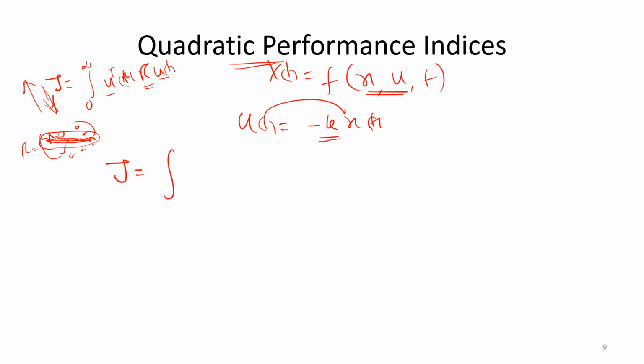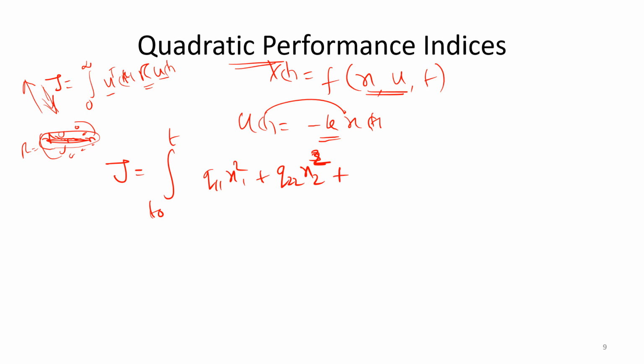Because the integral square error should be minimum, we integrate from the initial time t naught to the final time. In this we have state vectors: q11 x1 square, because it should be quadratic, so the variable is squared, and x is the state variable. It has two or three state variables.